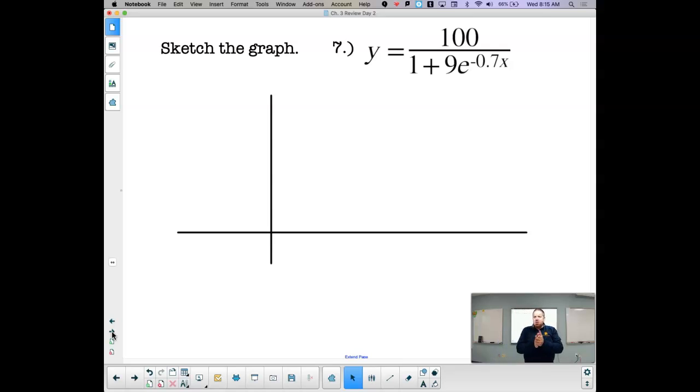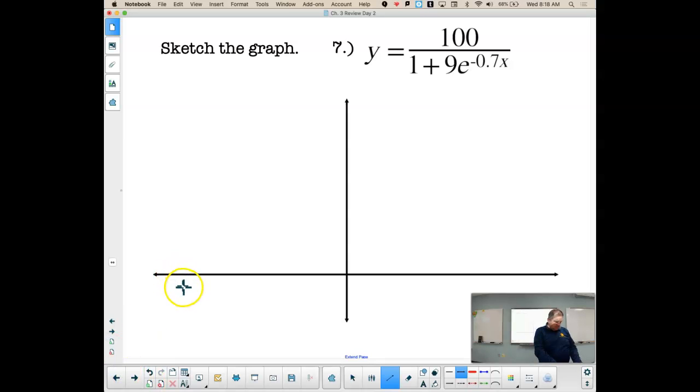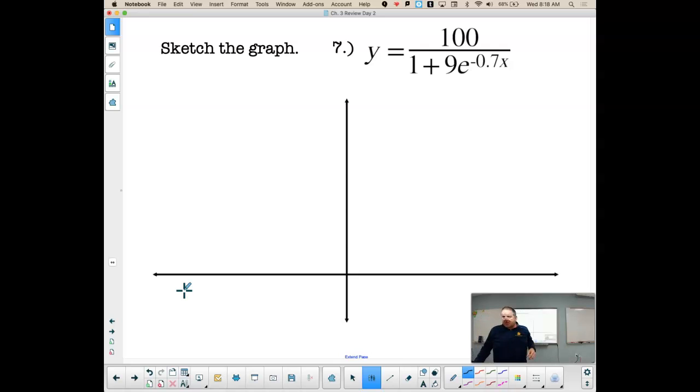Please, at this time, sketch the graph of this particular function. So first I've got to look at what kind of a function this is. Anybody want to take a shot at what kind of a function this is?